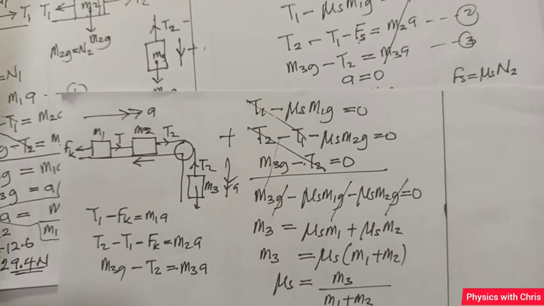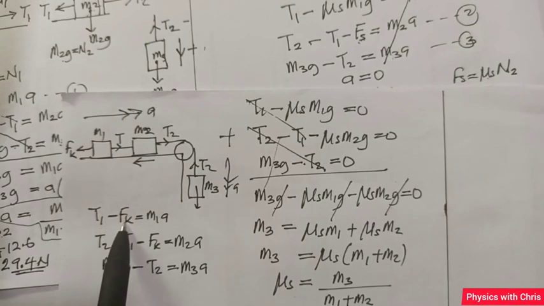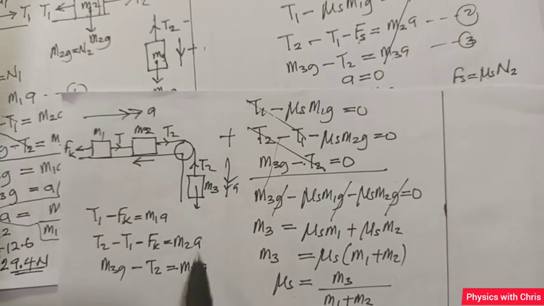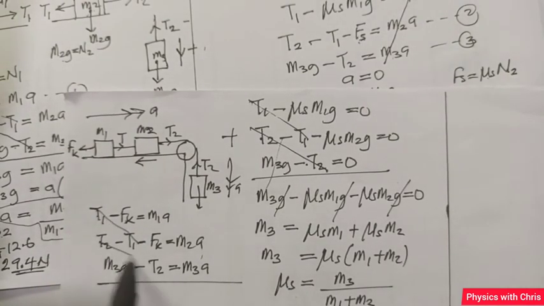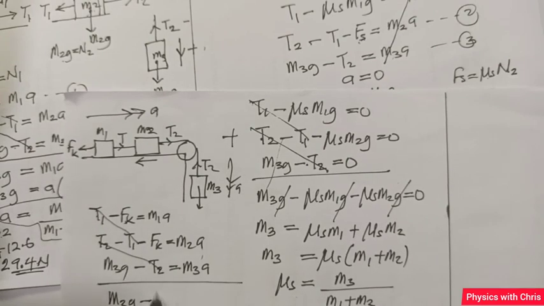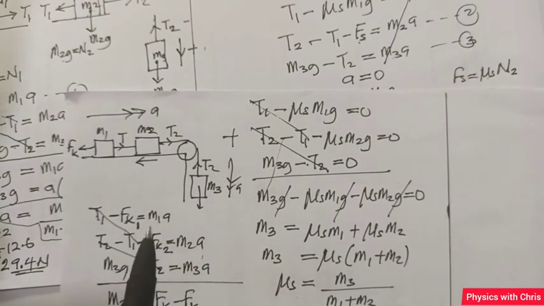So I must be given this frictional force, or the coefficient of kinetic friction, to even find the acceleration of the block. Adding all together again, this one is gone, this is gone. So I'm going to have M3G minus Fk minus Fk. Maybe I should call this Fk1, Fk2, because the frictional force will be different for the two blocks.